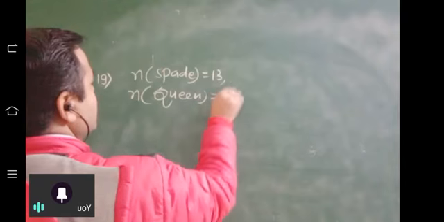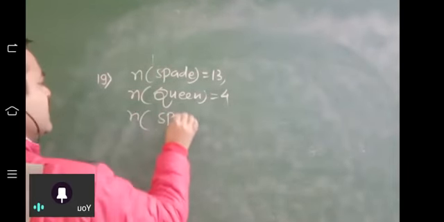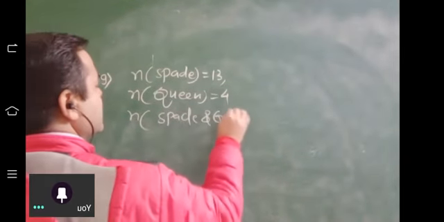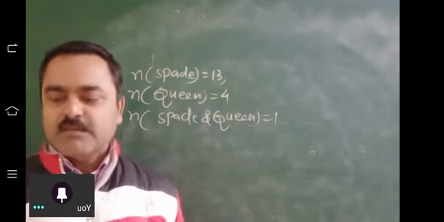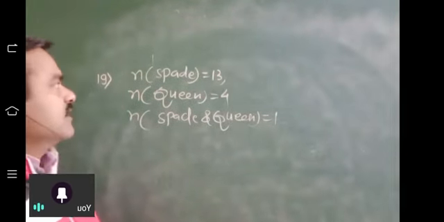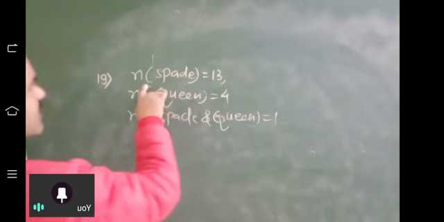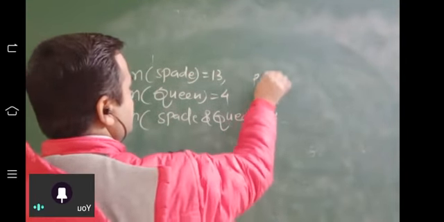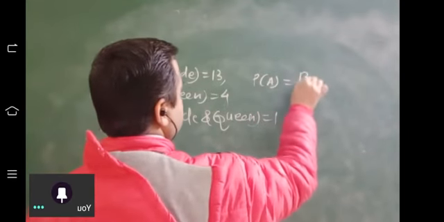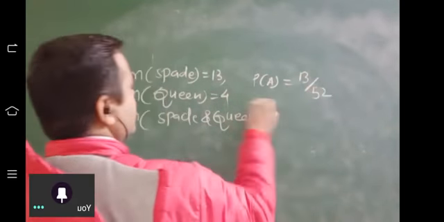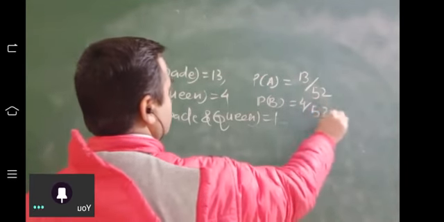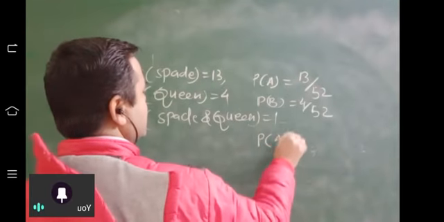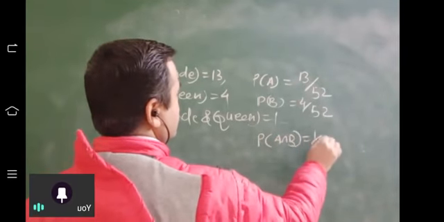is equal to 4, ठीक है, and number of spade and king is equal to 1. अब आपको फाइंड करना है कि what is the probability. Suppose this is the probability of A, spade, this is 13 by 52, and probability of B equal to 4 by 52, ठीक है, and probability of A intersection B equal to 1 by 52.